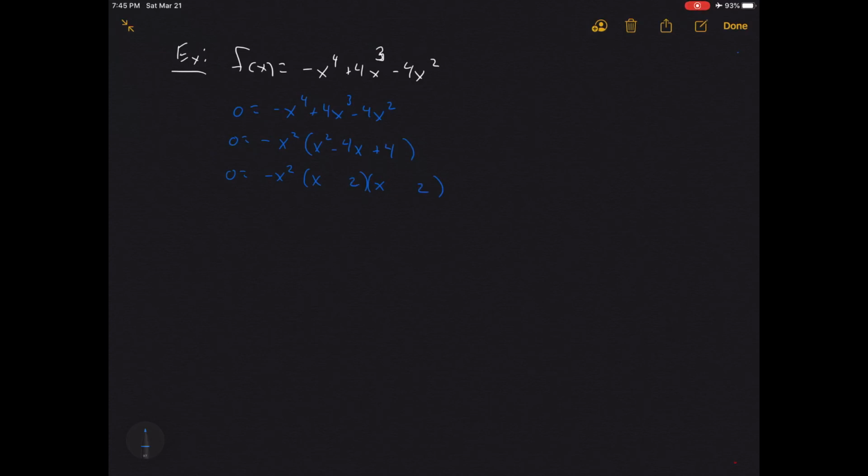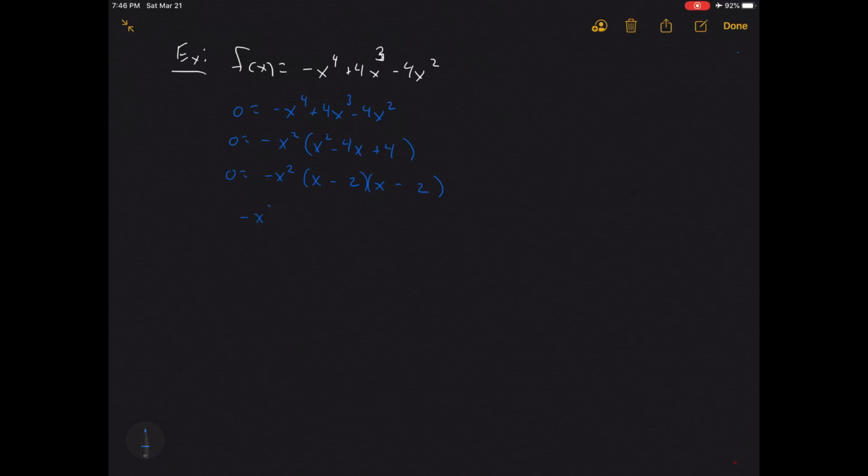And since it's got to be a positive 4 at the end, I either have to have negative 2 and negative 2 or positive 2 and positive 2. And because the middle one's negative, it's going to have to be negative and negative. So what I'm going to do is set each one of these things equal to 0.